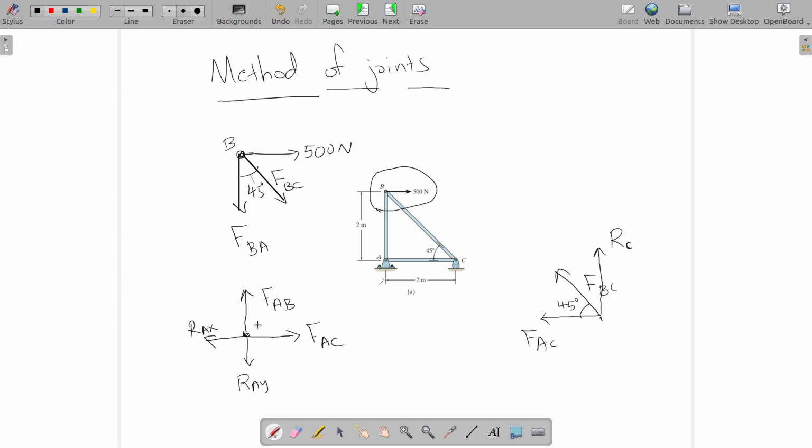So we have joints B, A and C. We would like to find out everything, right?